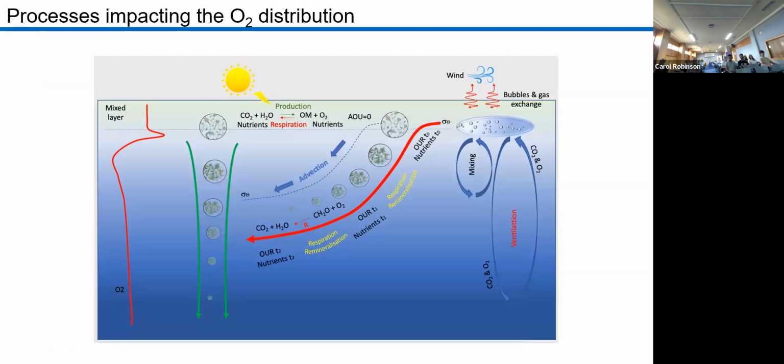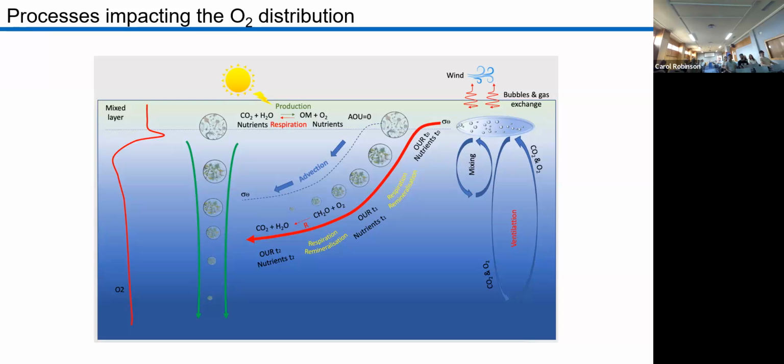Here, what we're going to present is, at the global scale, what are the processes shaping the profile of oxygen in the water column. So the most important one is the physics and the interaction between the ocean and the atmosphere, through the equilibrium of partial pressure between the atmospheric oxygen and the oxygen in the water. You also have the introduction of bubbles under turbulence and the effect of the wind.